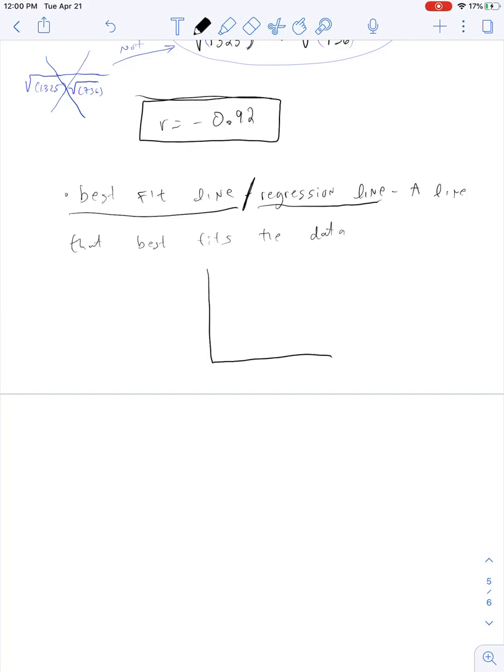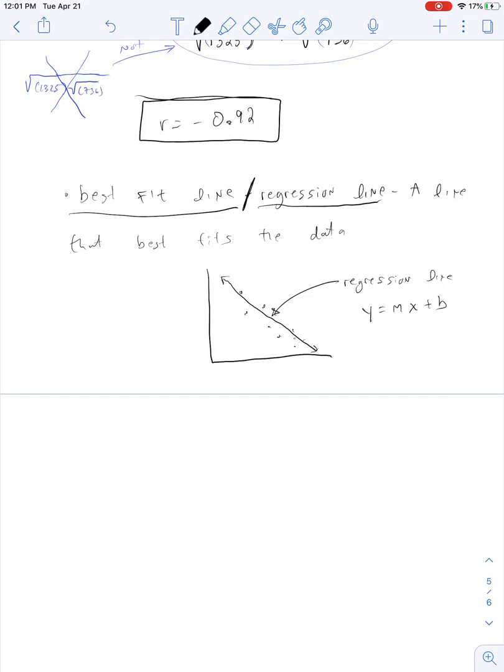So if we have points like this, we should be able to find a line, which we can call the regression line, or in other words, a line in the form of y equals mx plus b.